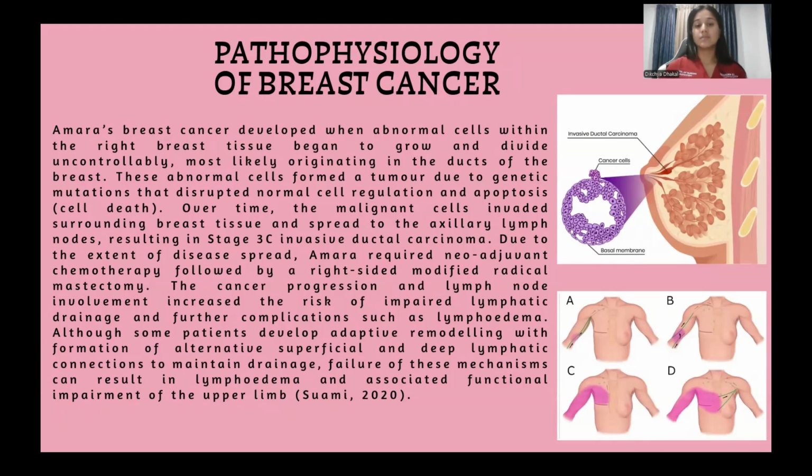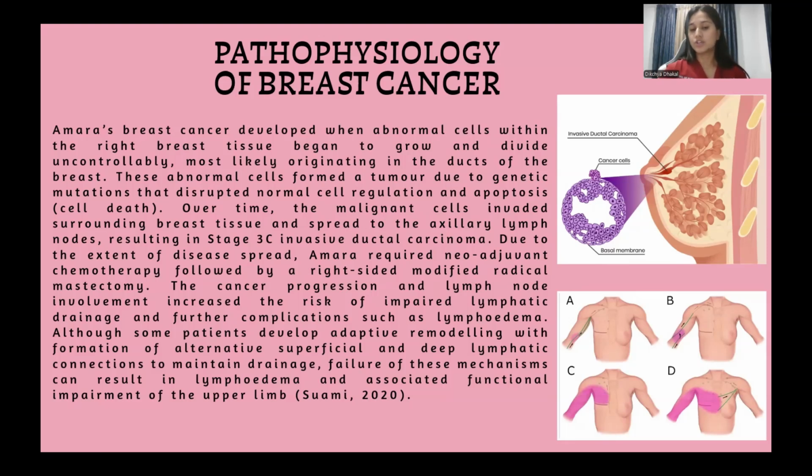Over time, the malignant cells invaded surrounding breast tissue and spread to axillary lymph nodes, resulting in stage 3 invasive ductal carcinoma. Due to the extent of disease spread, Amara required neoadjuvant chemotherapy followed by right-sided modified radical mastectomy.